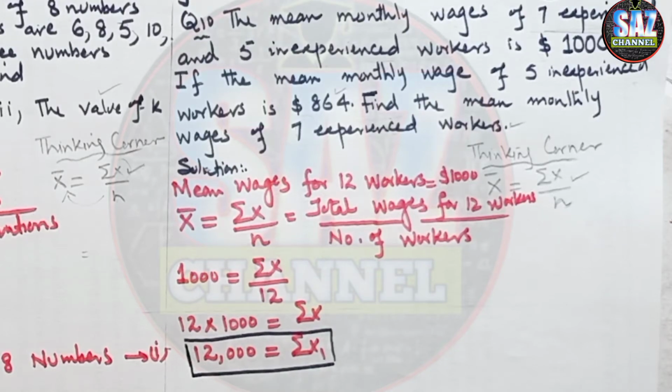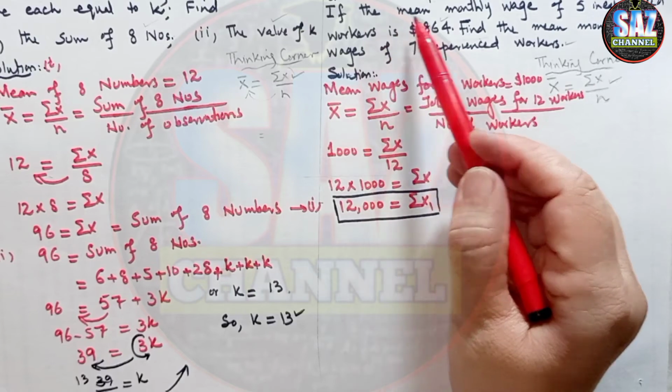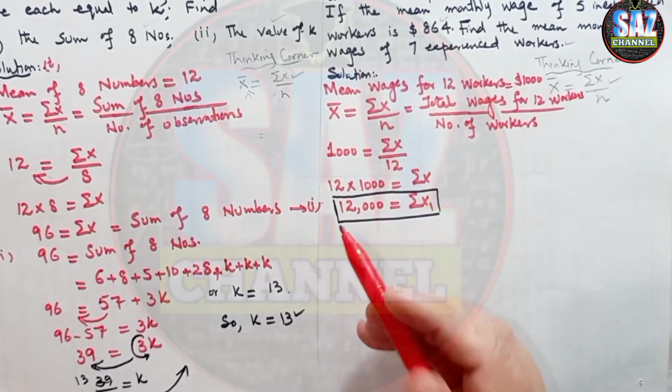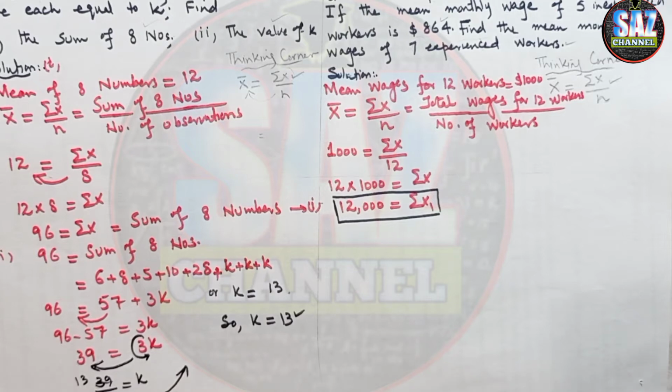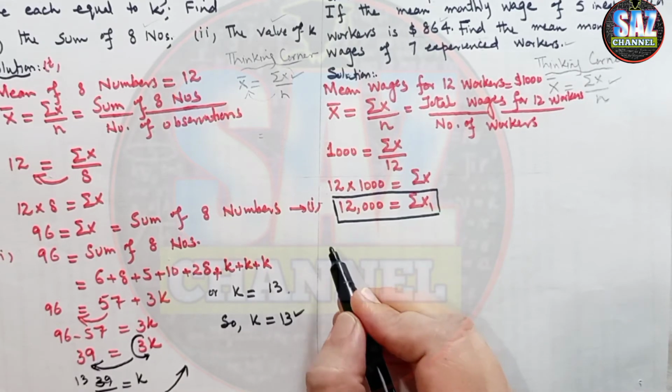Okay, now the second part, mean monthly wages of 5 inexperienced workers. Let me use different pens so that my students can understand different parts of the question easily.